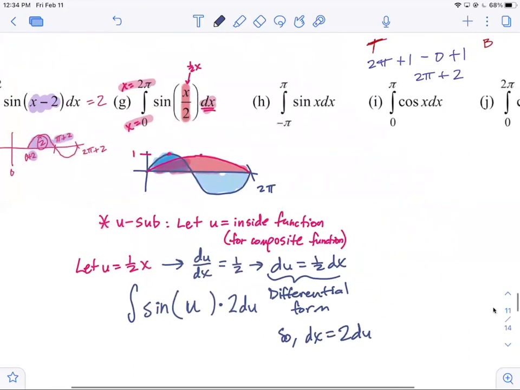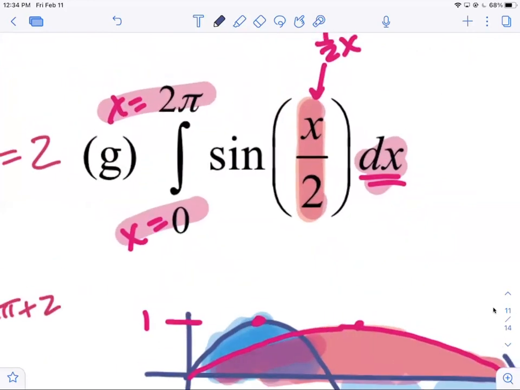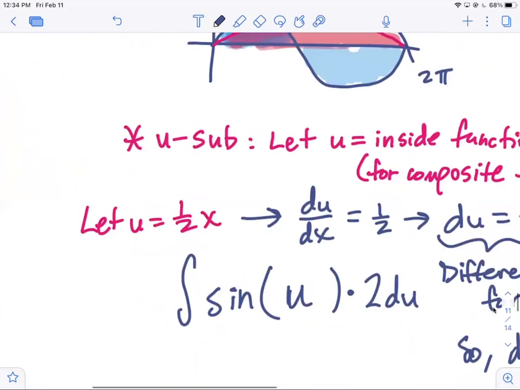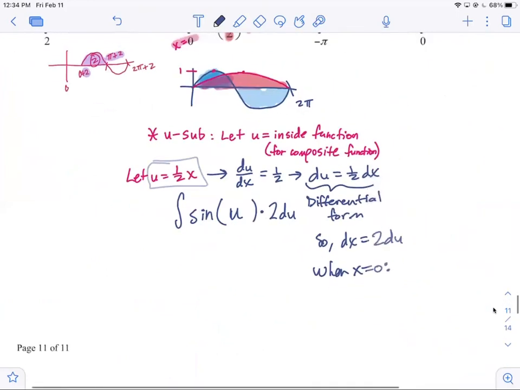And now the last thing I have to replace are these intervals of integration. When x equals 0, I'm going to plug it into this formula here. When x equals 0, u is what? 1/2 times 0, which is 0.